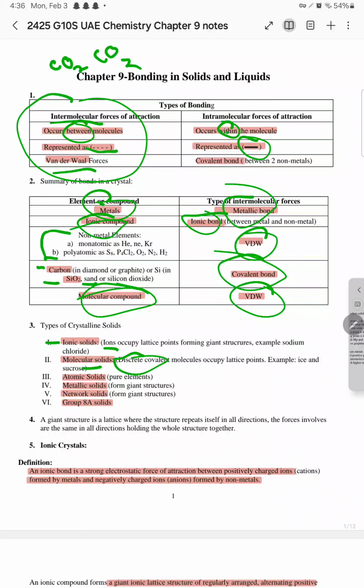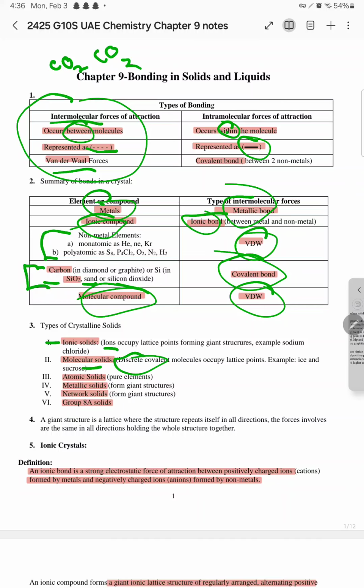Metallic solids, which form giant structures made out of metals. Network solids also form giant structures, they're made out of non-metals, but for us we need to know these two examples only. Group 8 solids are atomic because they're gases and they don't connect with each other, they're sufficient, they don't need to make bonds.